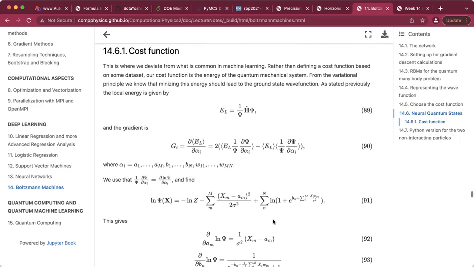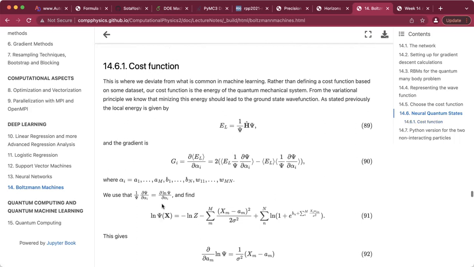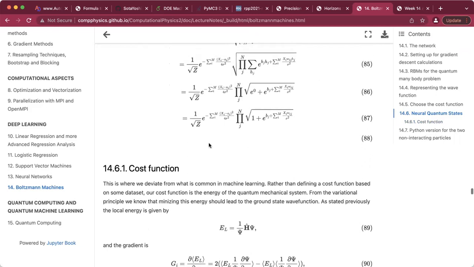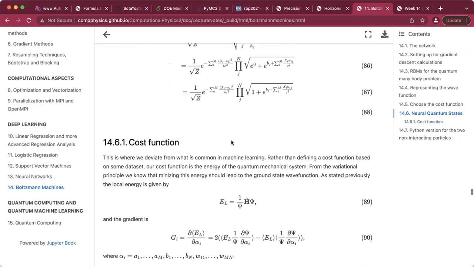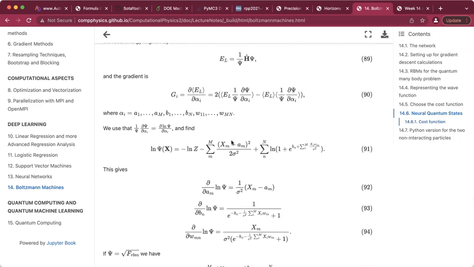Now, what is convenient is to take the log of the wave function, because this function which you have here is actually the derivative of the log, nothing but that. If you take the derivative of the log of this function, then the square root gives you just an additional factor of a half.